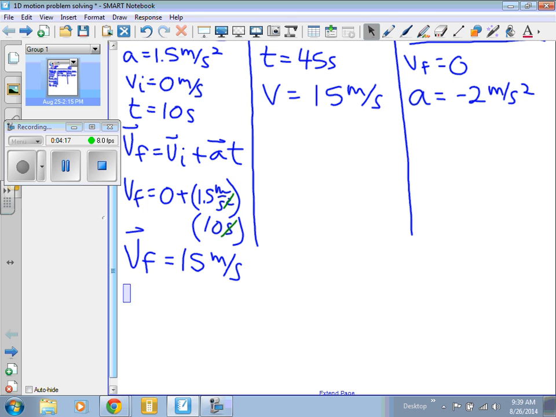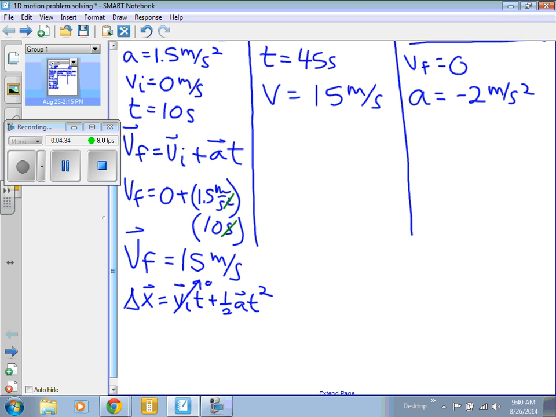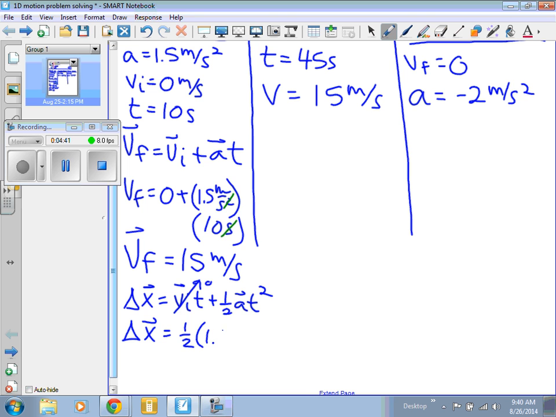I am going to use delta x is equal to v initial t plus 1/2 at squared. And we know that v initial is 0, so this term goes away. So we plug in numbers. Delta x equals 1/2 times 1.5 meters per second squared times our time, which is 10 seconds, and we square that.